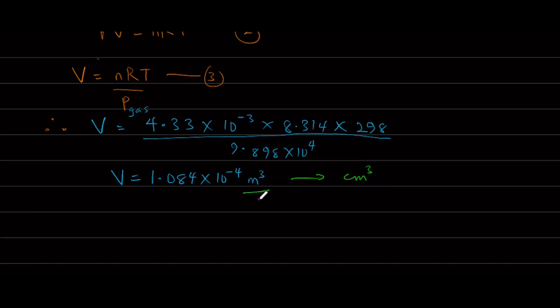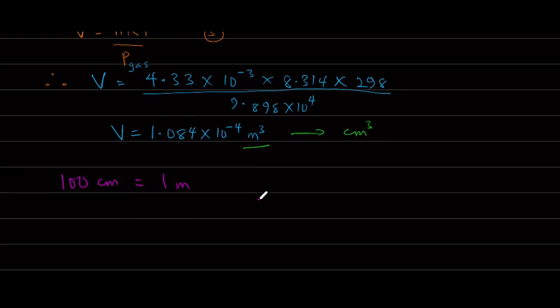So the first thing is that we need a conversion factor for converting from meter cube to centimeter cube. So we start with a linear dimension by saying 100 centimeter is equal to 1 meter. But this is a linear dimension, which is actually meant for length, but we need the cube of it, which is volume dimensions. So the next thing is to cube everything.